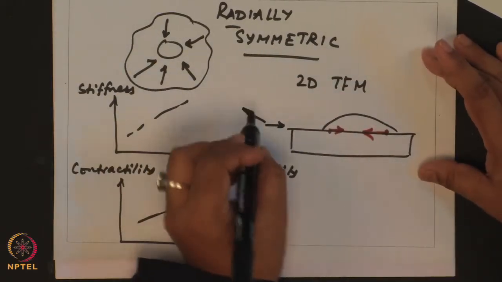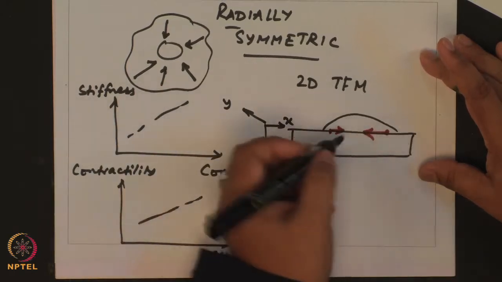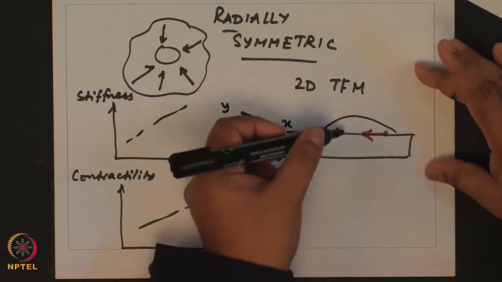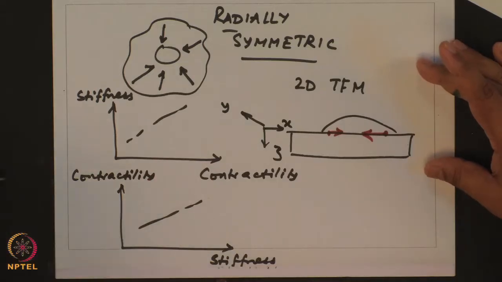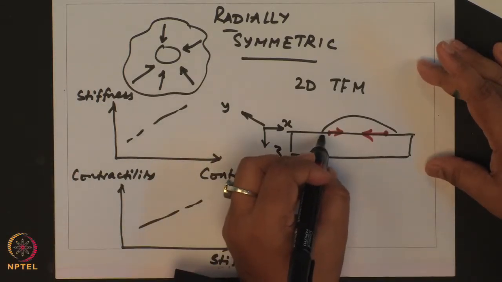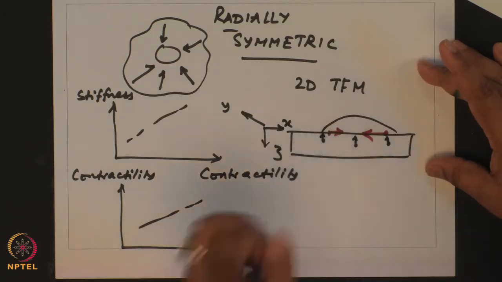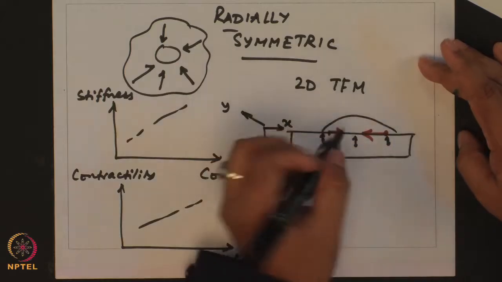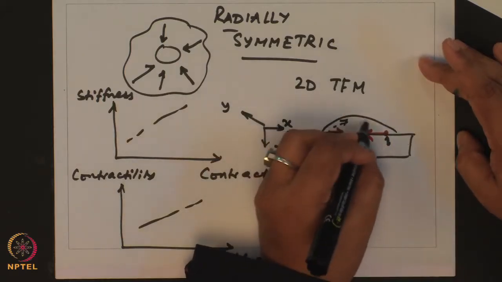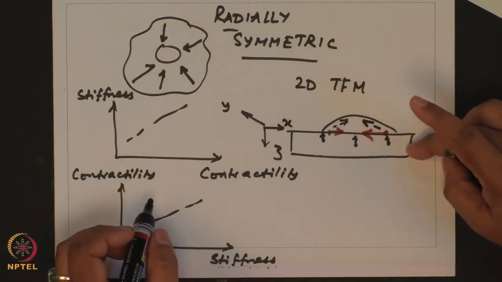So, this is your xy plane, and you have x, y and z. All the forces are being exerted by the cell in the xy plane, which is not necessarily true. Here you do not account for bead displacements which are in the z direction. So, instead of pulling like this, you could very well imagine the cell exerting a force like this. In that case, there will be z displacement of the beads as well.